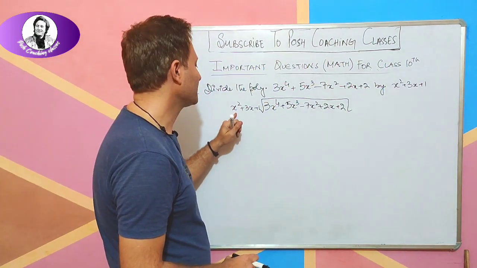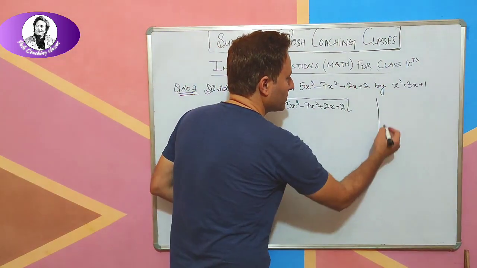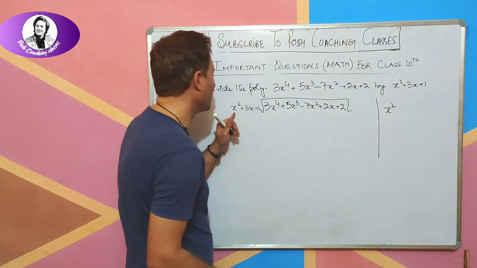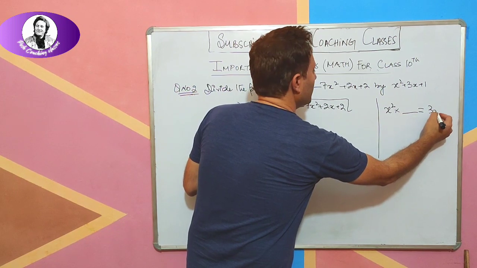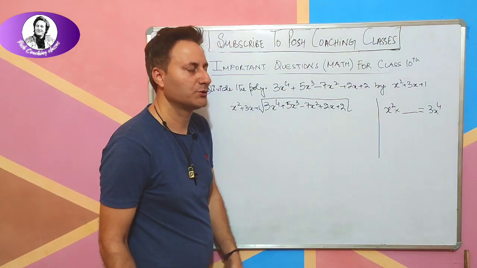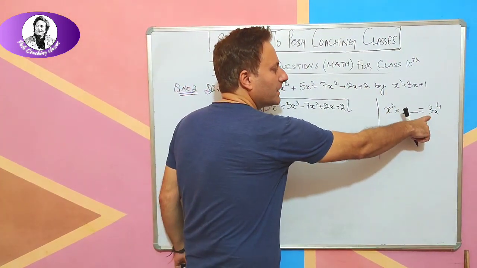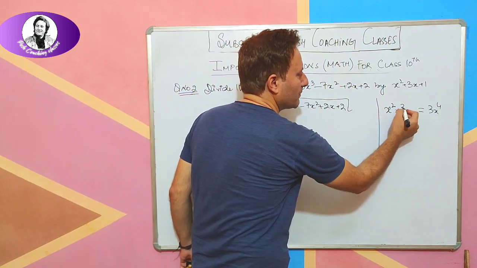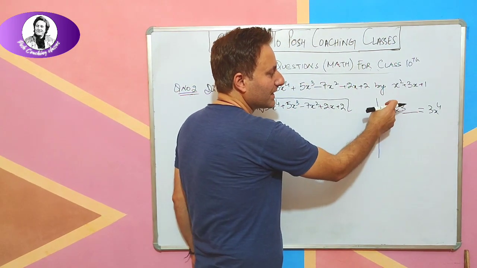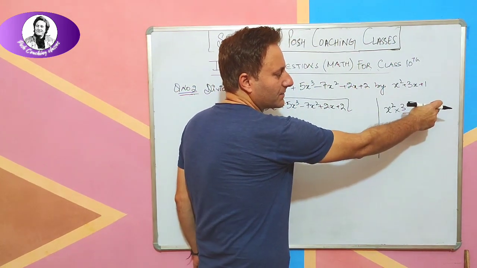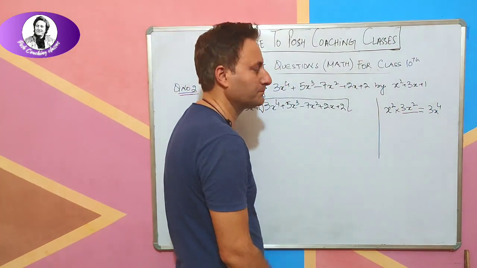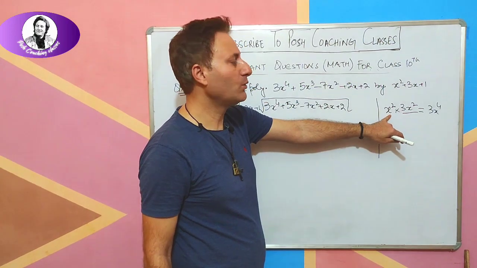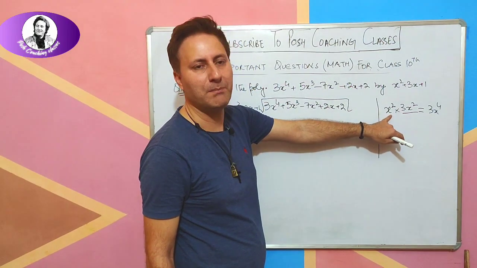We have to see what we can multiply with 3x to make it 3x raised power 4. It's quite simple. There is a 3 here, we don't have a 3 this side, so we'll put 3. Now there is x on this side, and on the right hand side we see x raised power 4. So we require x squared. Why? Because we know, well-known fact, bases are same, powers are added.